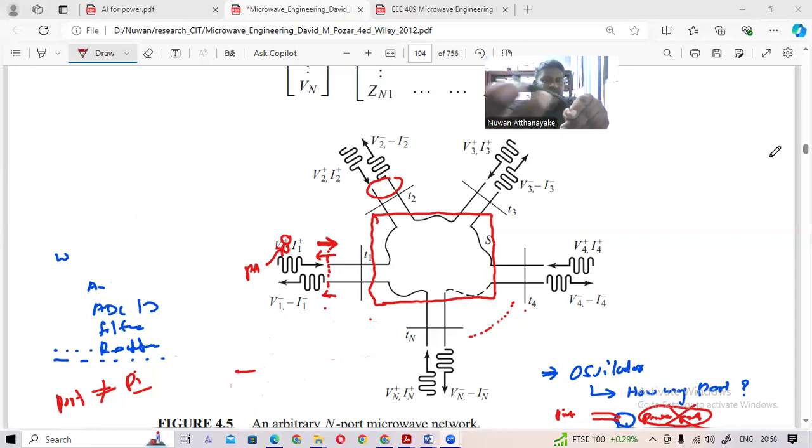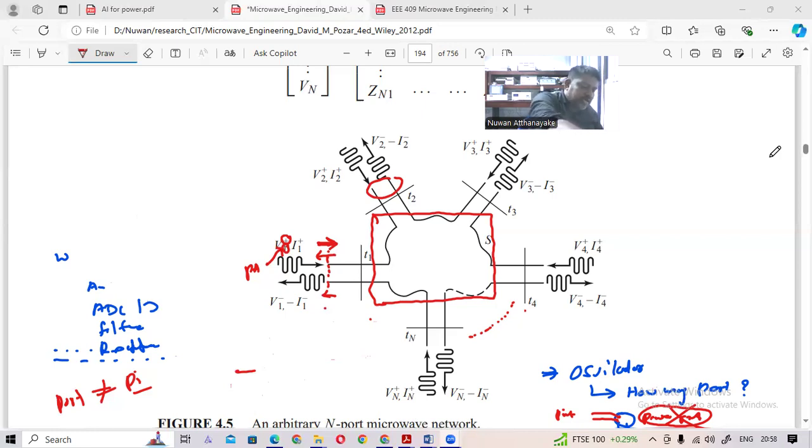So normally when we are talking about the port, we are not caring about the pins. This is a live pin, this is a ground pin. We no need to care. Did you get it? We consider the whole thing as a port.